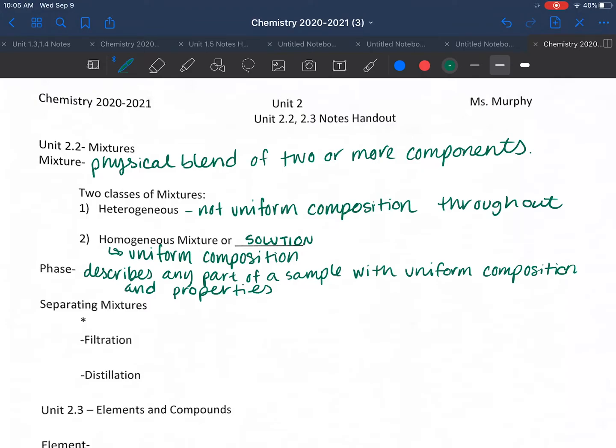Whatever you're calling a phase, every part of that phase has to have uniform composition and properties.